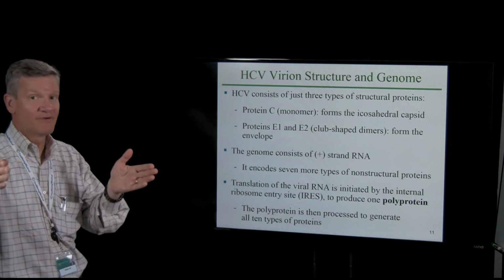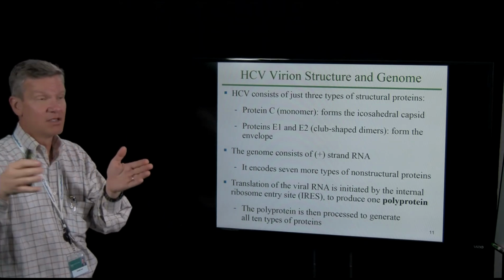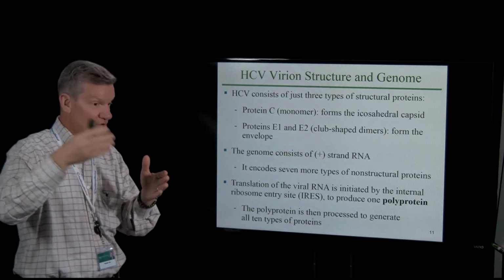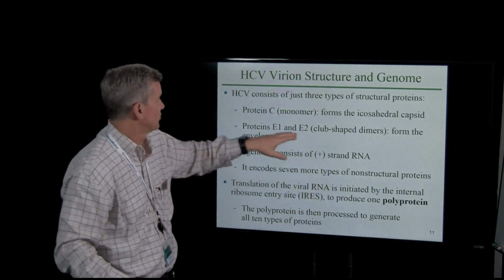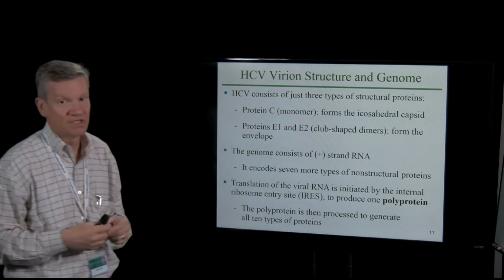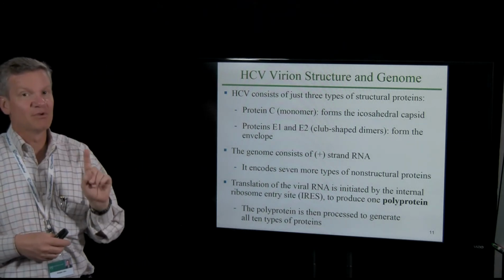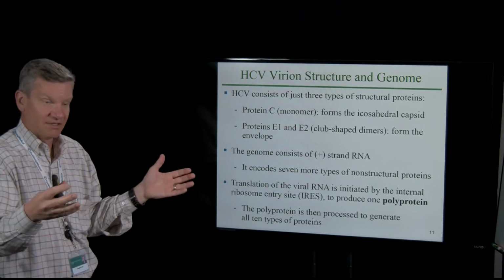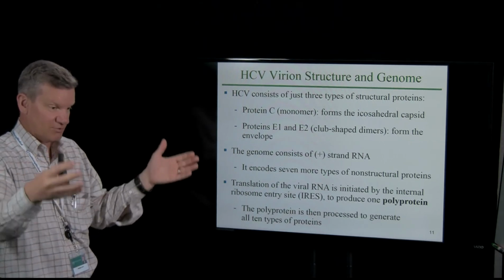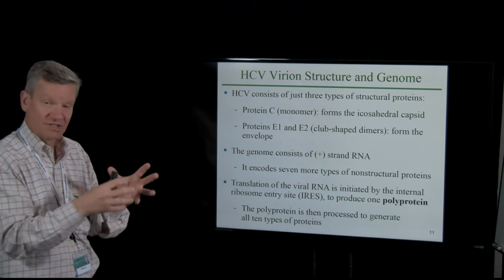That's a theme among viruses, to make 1 polyprotein. Then proteases cleave that polyprotein into the 7 non-structural proteins, E1 and E2, and then protein C. So if you inhibit a protease, you're going to be stuck with a big polyprotein, glued together as 1 big protein, and the virus can't really form.